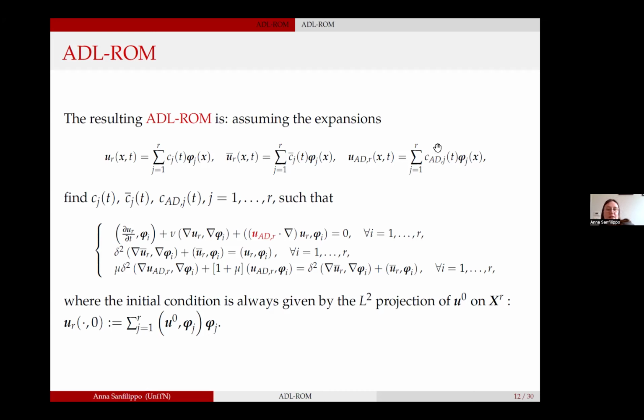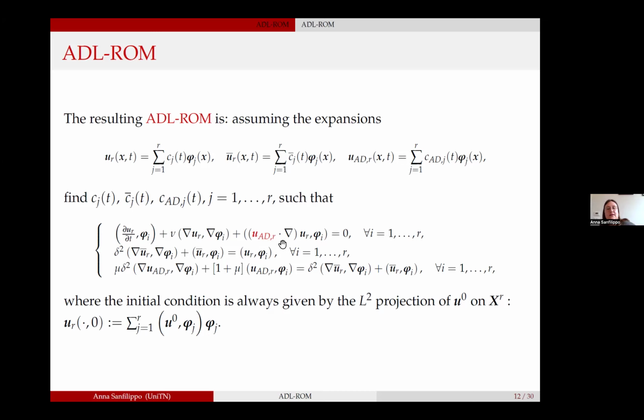And in this case, obviously, we will have an additional unknown, that is the coefficients for the approximate deconvolved velocity. So to find all these unknowns, we have to solve, first of all, the classical Navier-Stokes problem formulation, in which we have in the nonlinear term the approximate deconvolved velocity.